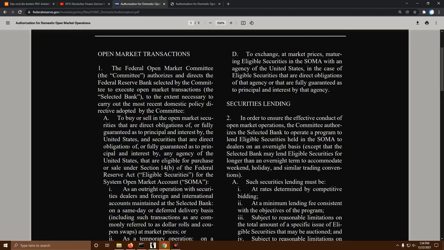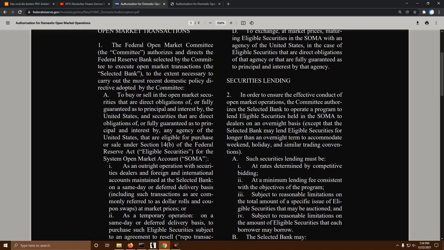A. To buy or sell in the open market securities that are direct obligations of or fully guaranteed as to principal and interest by the United States, and securities that are direct obligations of or fully guaranteed as to principal and interest by any agency of the United States that are eligible for purchase or sale under Section 14B of the Federal Reserve Act for the System Open Market Account, or the SOMA account.